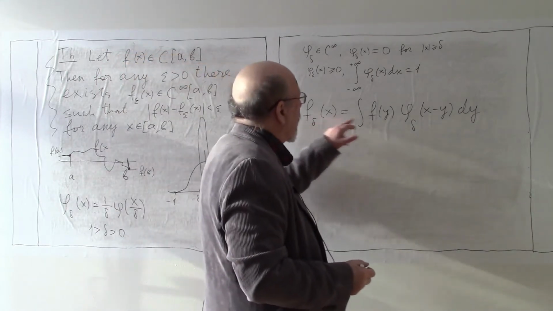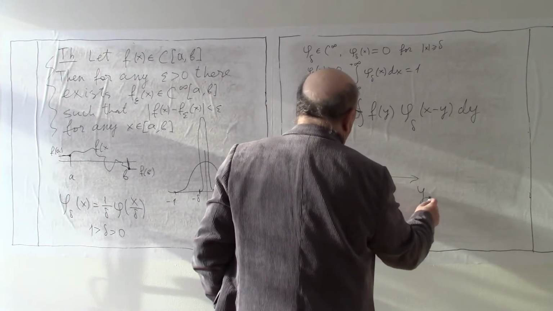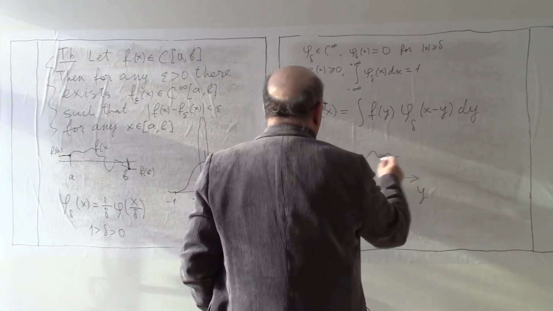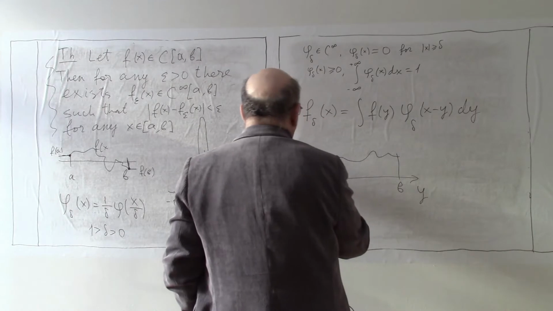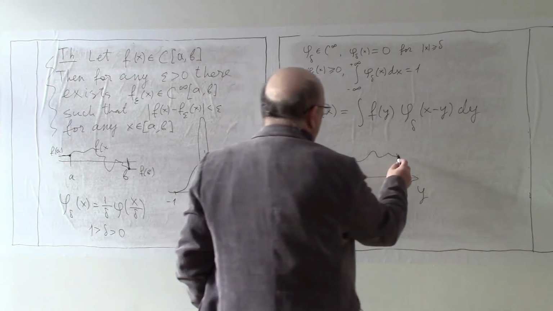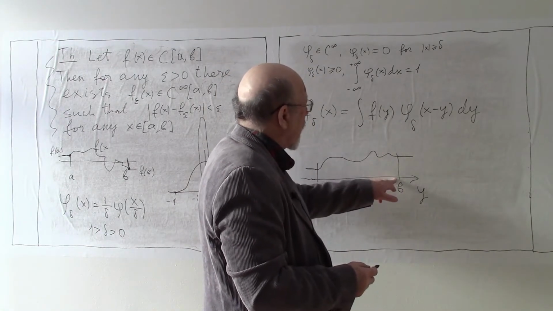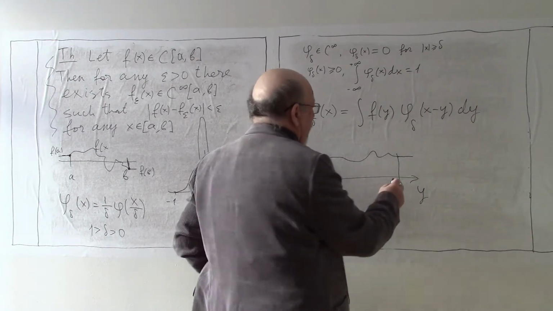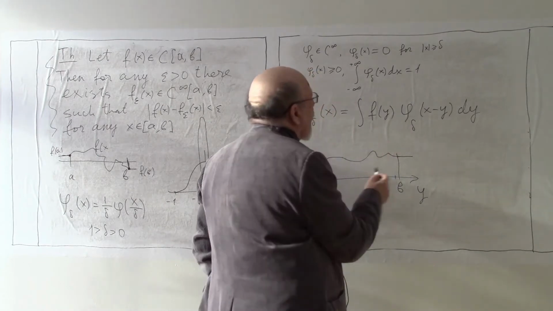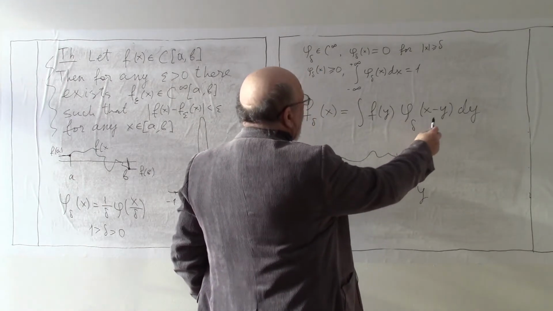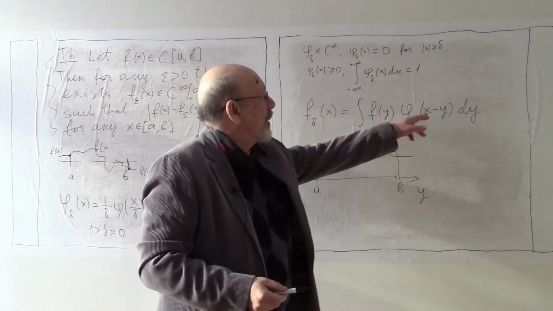So for any x, we define this function. So what is it? Say this is the y-axis. Here is our function. It is a, it is b. The function is a little bit continued here and here, so that we could define it near the points a and b. So if x is here, then x minus y should be less than delta, otherwise this is 0.